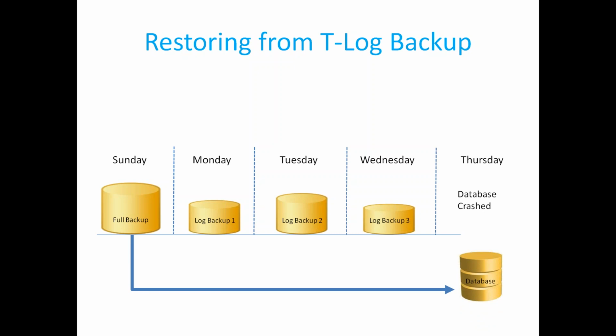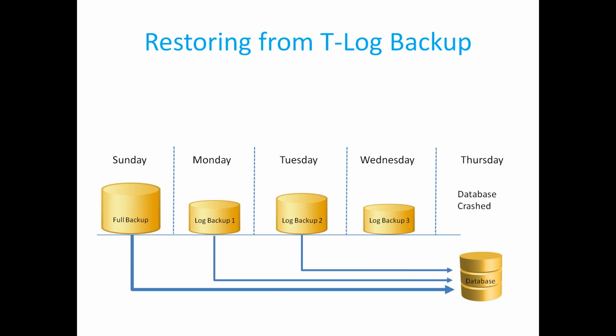And then I will be restoring Monday's log backup again with no recovery. It is because I have Tuesday backup and Wednesday backup to be restored. So next I'll be restoring Tuesday's backup again with no recovery.